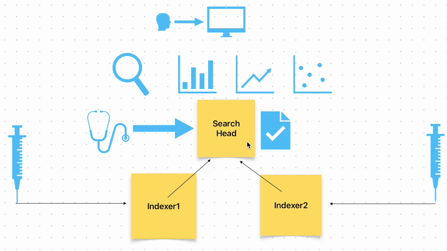When I explain that, we will install Splunk on one search head, then install Splunk on another search head, another indexer, one indexer, and another indexer, and then we will configure the search head to search with indexer 1 and indexer 2.